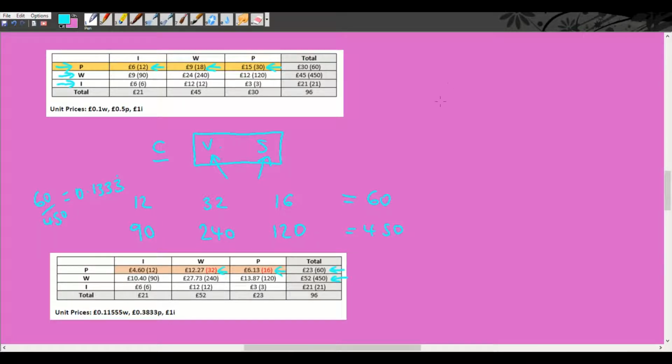So you do the same simultaneous equations as usual, but this time you do 6 iron plus 90 equals 21 iron, 12 iron plus 240 equals 450 wheat, and 3 iron and 120 equals 60 pigs.